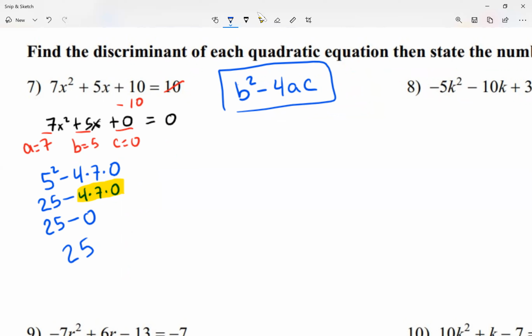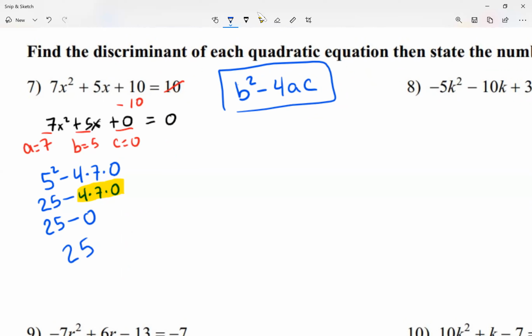Now I just want to know what type of answers am I going to get, and we can find them, right? We can complete the square. We did that yesterday. We learned how to solve for a variable. In this case, I don't need to know the solutions. I just need to know what type of solutions I'm going to get.